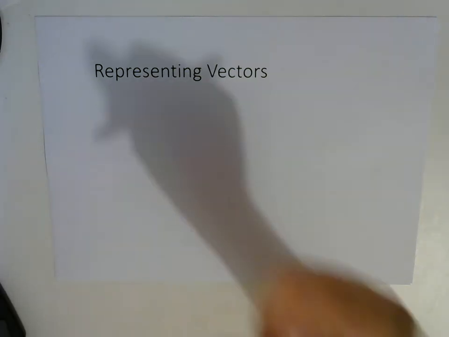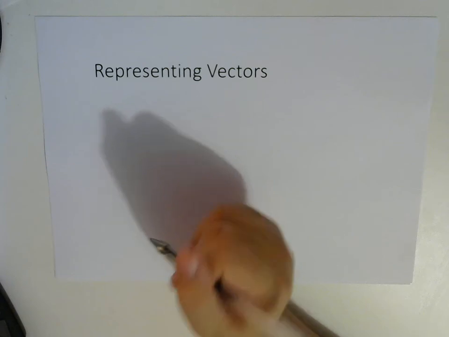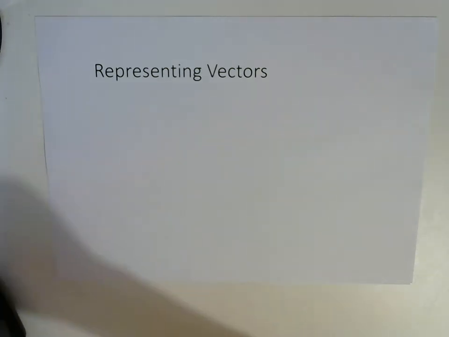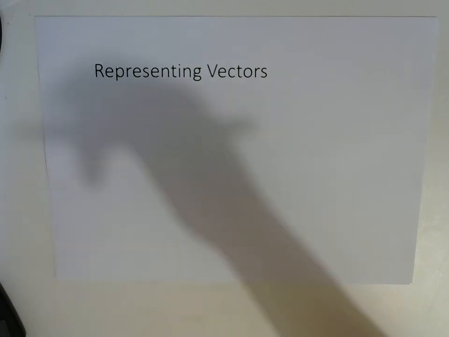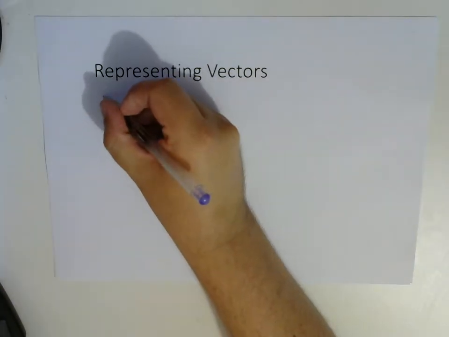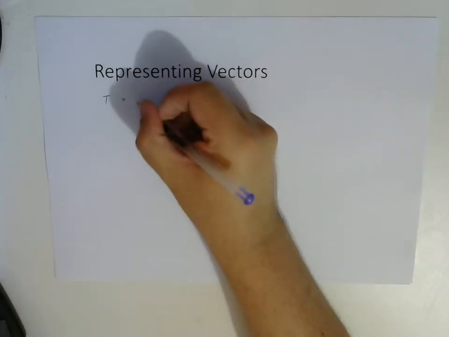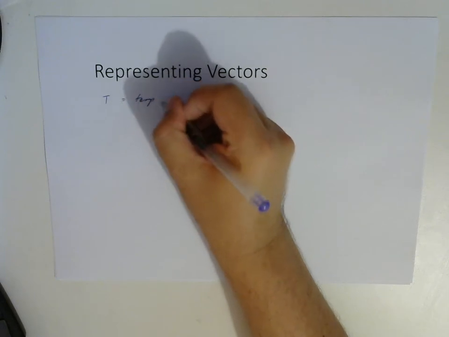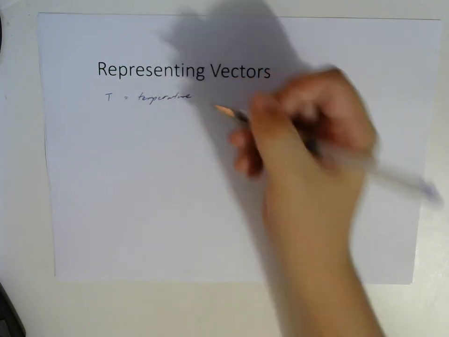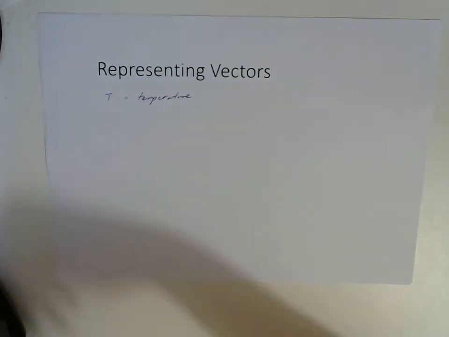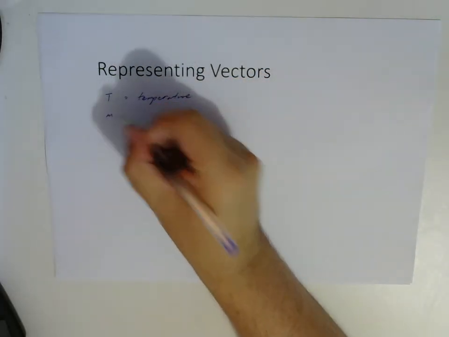Now, vectors can be represented in a couple of different ways. Now, we've seen over previous years that different physical quantities have a letter. Some that you probably have seen, capital T for temperature, where temperature is, in this case, measured in degrees Celsius or Kelvin.